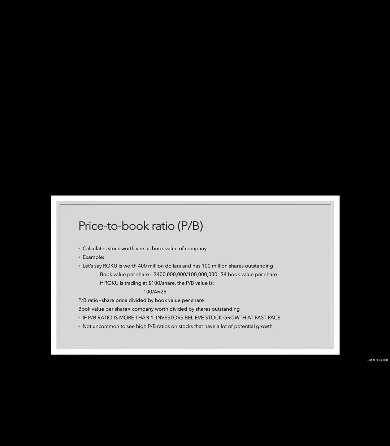So you can calculate this, like I said, just divide the worth of the company by the shares outstanding, and then take the current share price and divide it by that number. And there you go. There's your PB value, your price to book ratio. So it's not uncommon to see high price to book ratios on stocks that have a lot of potential growth.